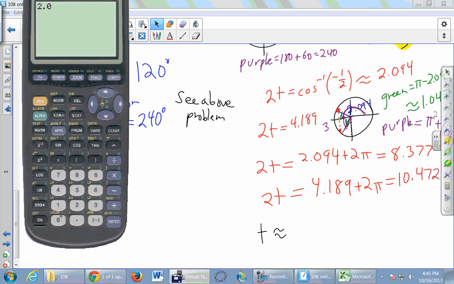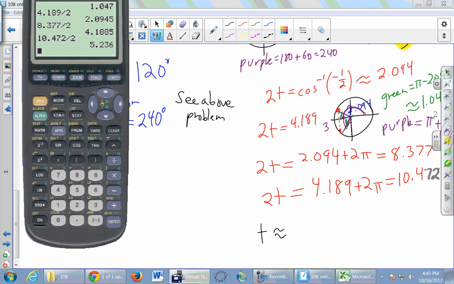So 2.094. And then what's the next one? 4.189. .8377. And then one last one, 10.472. Okay, so those are our 4 values of t. And I'll just round to the 100th on each of these.